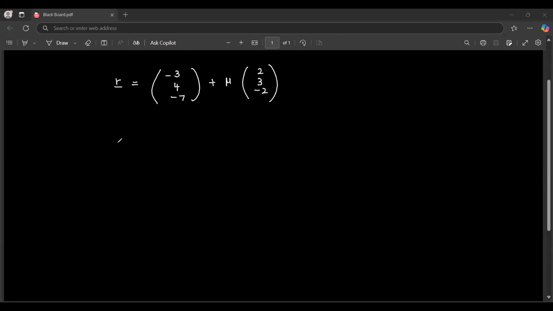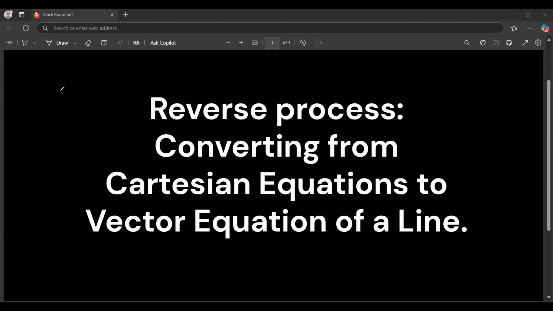Now we can say (x + 3)/2 = (y − 4)/3 = (z + 7)/(−2). These are the Cartesian equations of this specific straight line. Okay, very good. Now, let's say we have something like this. Let's do the reverse.